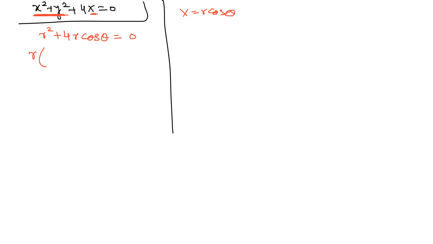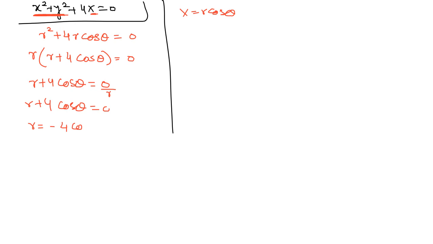How? r is common in both terms. So r times r plus 4 cosine of theta is equal to 0. Because r is positive, you can remove r by dividing. So r plus 4 cosine of theta is equal to 0. So you can write r is equal to minus 4 cosine of theta. So this is the polar form of the equation.